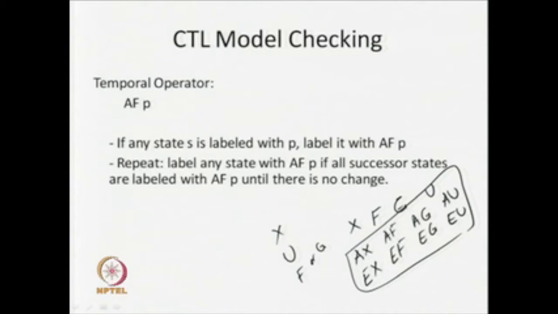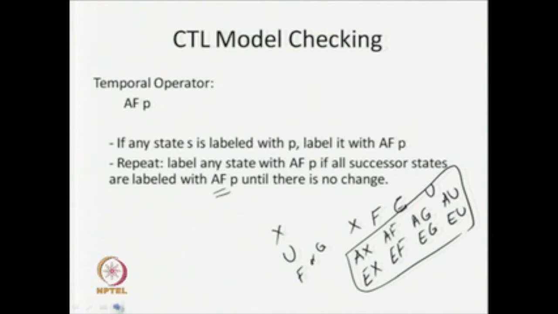Now, you just see that we are starting from some state. If it is labeled with P, I am going to say that AFP is true over there. Then we find all the predecessors of this state. If all the successors are labeled with AFP, we say that AFP is true for the predecessor state also, because in future we are going to get some state. This is the way we find this operator AFP.